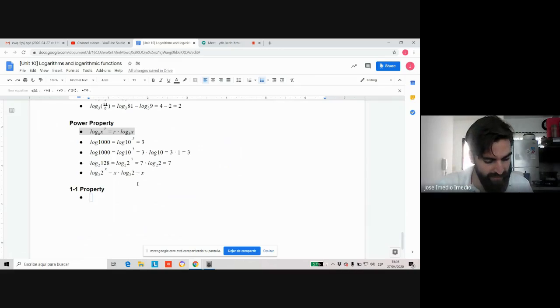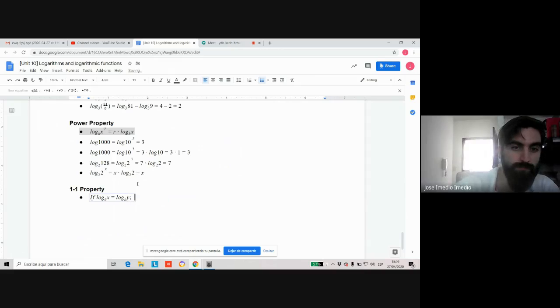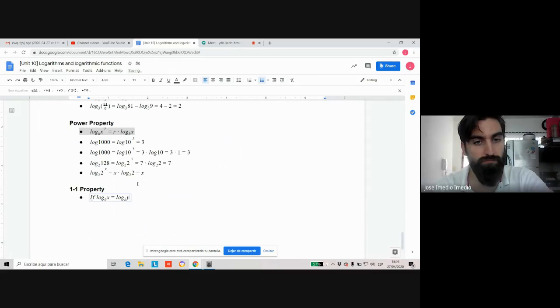And it says that if logarithm base b of x equals logarithm base b of y, then x equals y.